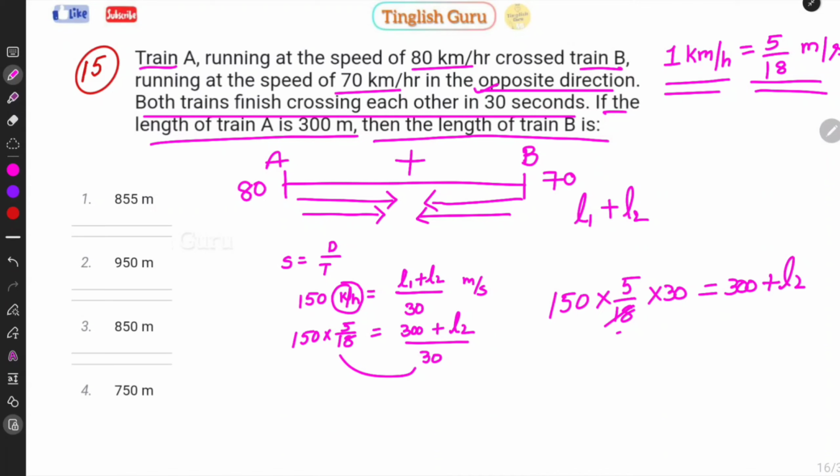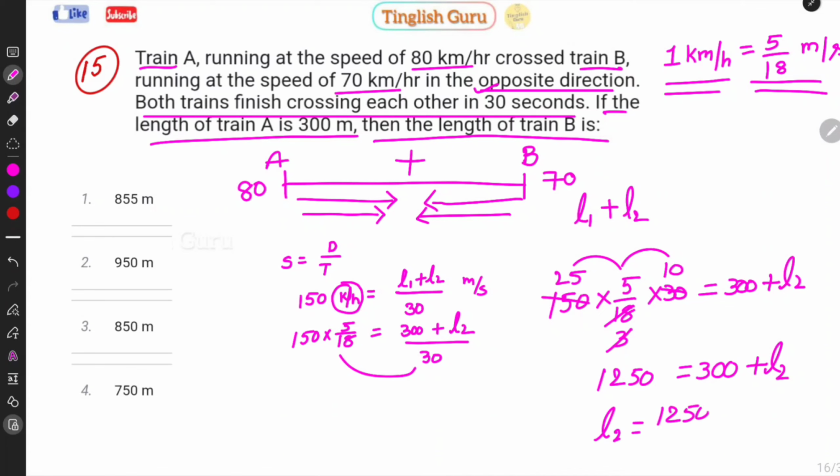Solve this: 6 3s, 6 2s and 6 5s, 3 10s. We get 25 into 5, 125, 125 into 10, 1250 is equal to 300 plus L2. So the length of the second train will be 1250 minus 300, that is 950 meters. Okay, answer is option 2.